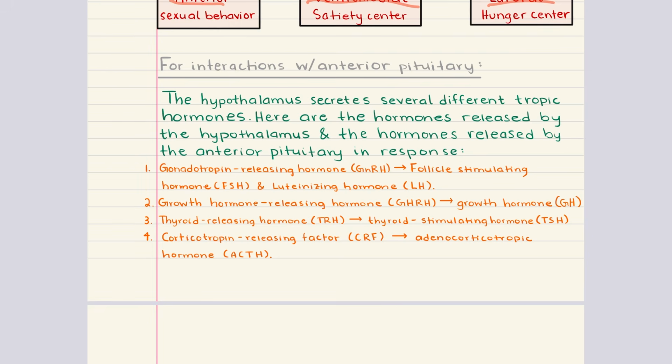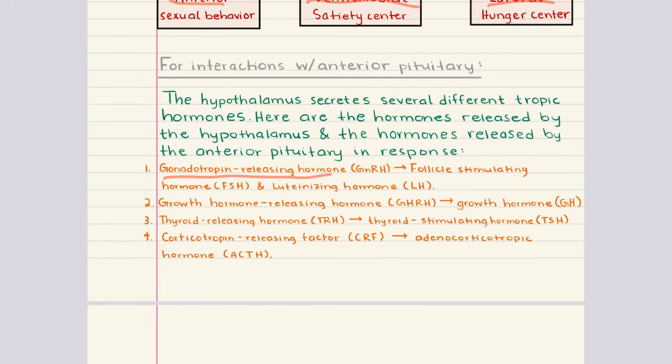So let's go through the key pairings you need to know for the MCAT. We're going to start off with the gonadotropin releasing hormone. This is released by the hypothalamus and it stimulates the anterior pituitary to release follicle stimulating hormone and luteinizing hormone.